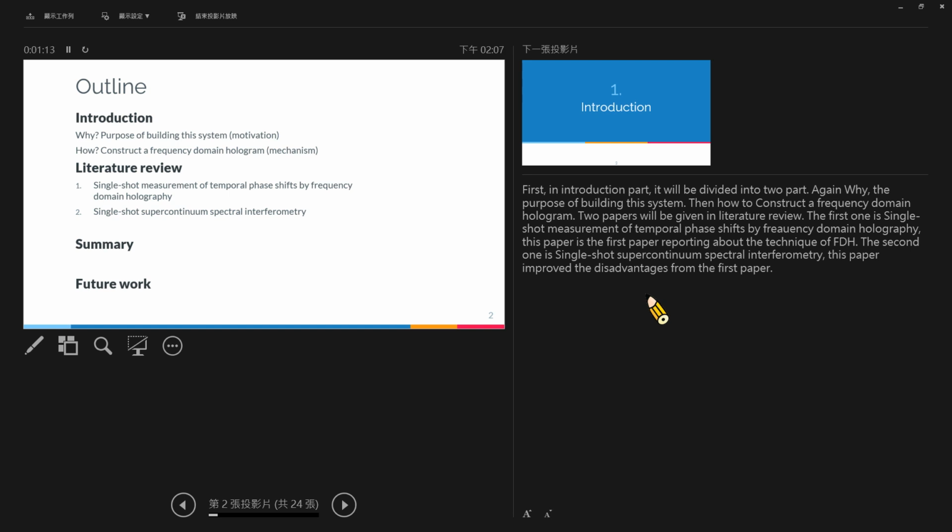It is the first paper to report this kind of technique. And the second one will be single shot supercontinuum spectral interferometer. It improved the disadvantage of the first paper, so I will also report this paper as well. And then will be the summary and then future work.